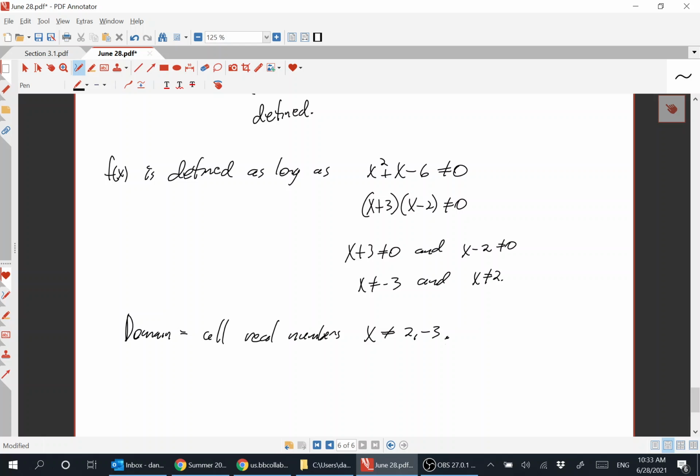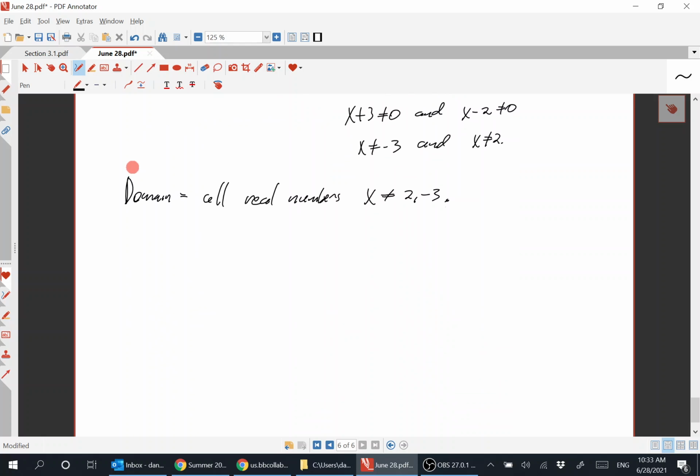Number 68. Oh, how about number 66? 66 is a good one. So g of x is equal to square root of x over 2x squared plus x minus 1. Find the domain.